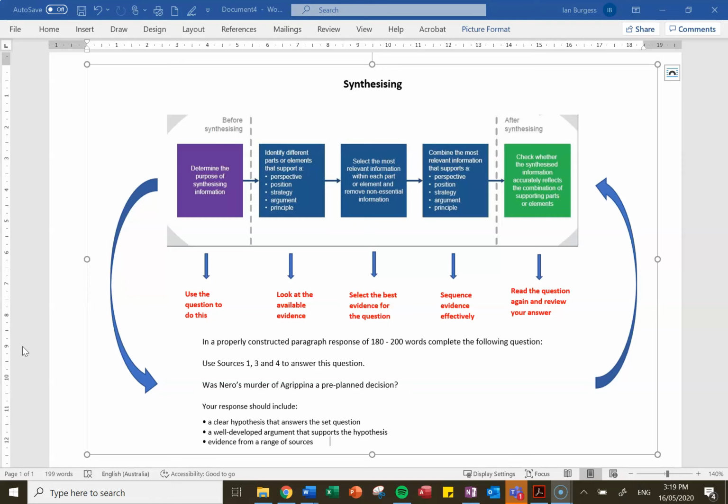Finally, we need to make sure that we read the question again and then review our answer. I'd probably suggest that you do that all the way through, that as you finish each section of your paragraph, you quickly look back at the question, look back at your hypothesis, and double check that what you're writing about is actually doing what you're meant to do.